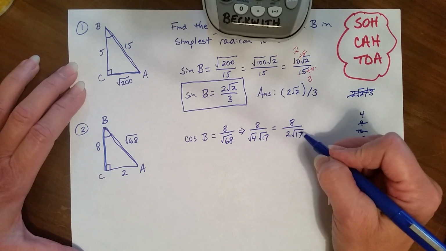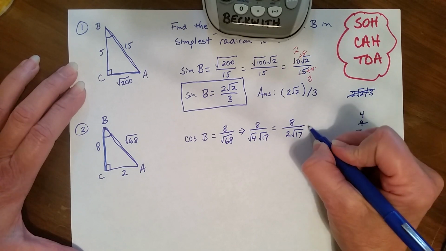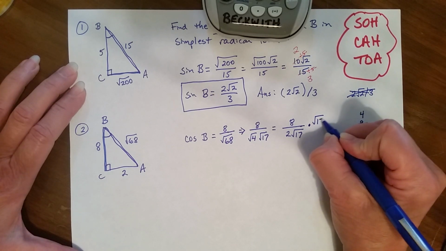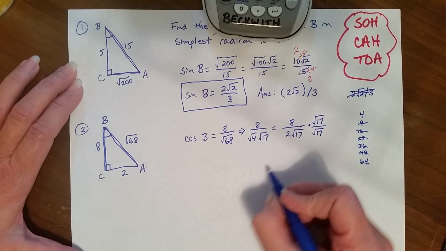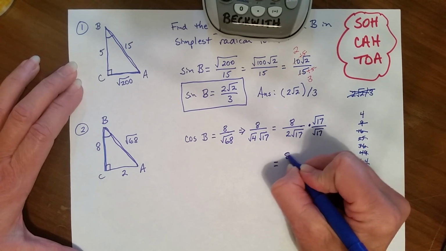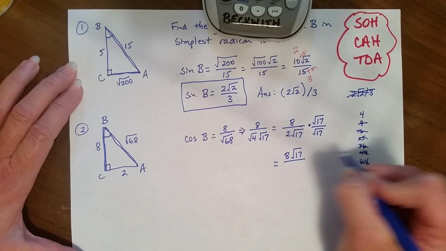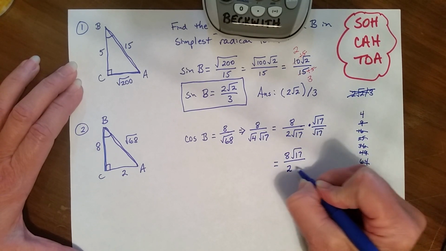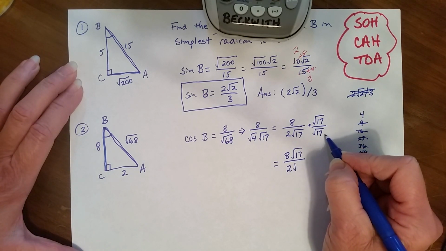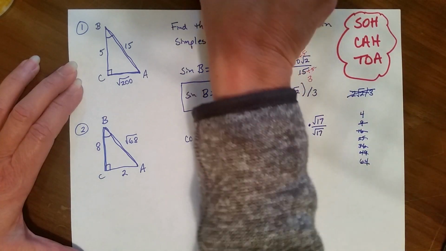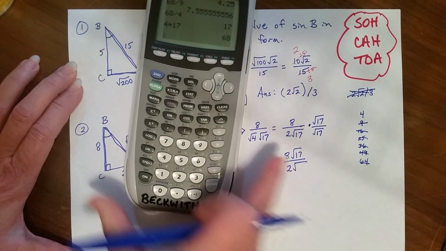To rationalize the denominator, I have to multiply by root 17 over root 17. So that's 8 root 17 over 2 times, well, root 17 times root 17, you know that it's going to end up being 17.